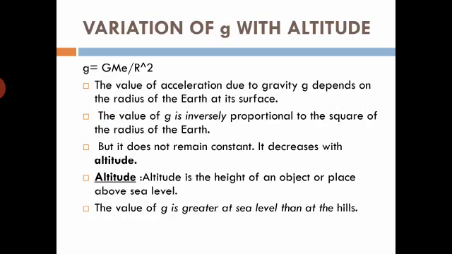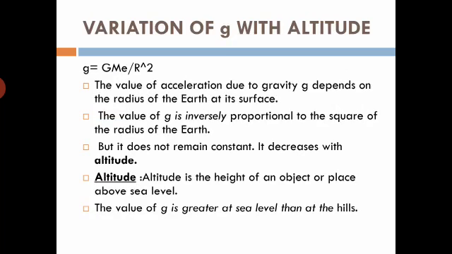The value of g does not remain constant. It varies with the altitude. When the altitude increases, the value of g also changes. And when the altitude decreases, the value of g also changes. So by varying altitude, the value of g also varies.